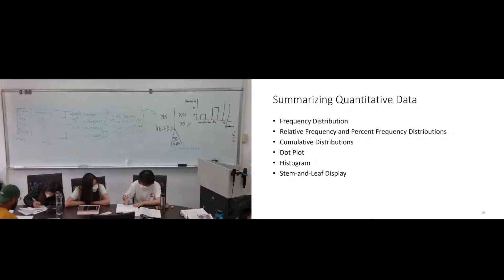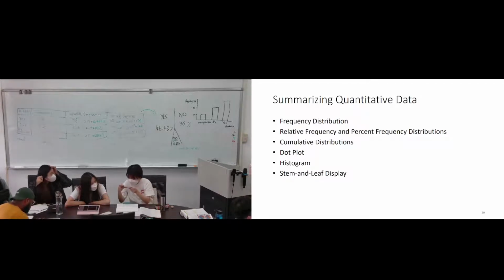Those first three are often used to summarize the quantitative data in the form of tables. We can also use three charts. The first one is the dot plot. The second one is the histogram. The third one is the stem and leaf display.